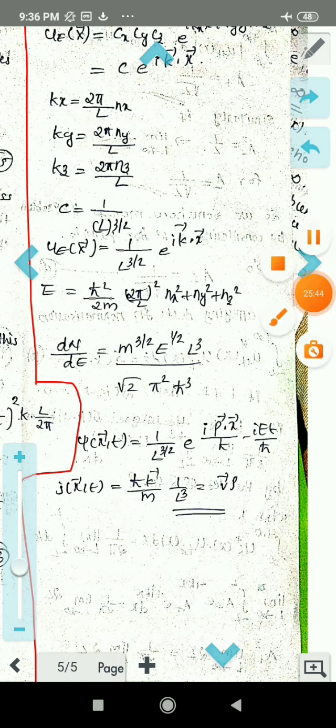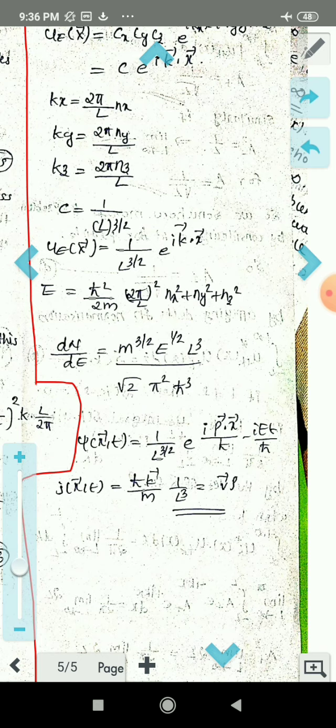So we can say that there are some problems with our quantum mechanical treatment of this free particle problem. The way we chose A e raised to ikx earlier is a plane wave. So the resultant will not be a single plane wave, it will be a group of plane waves. For the free particle, the wave packet will be the solution. A wave packet is a superposition of sinusoidal waves.